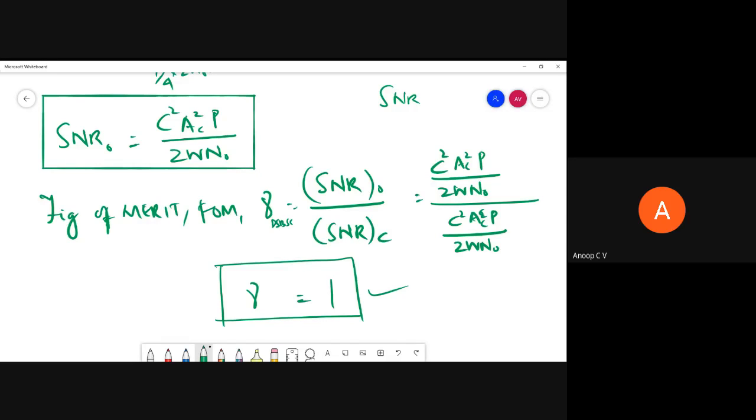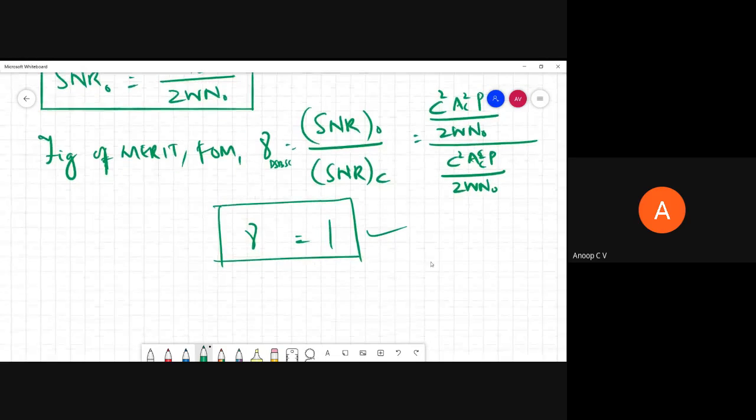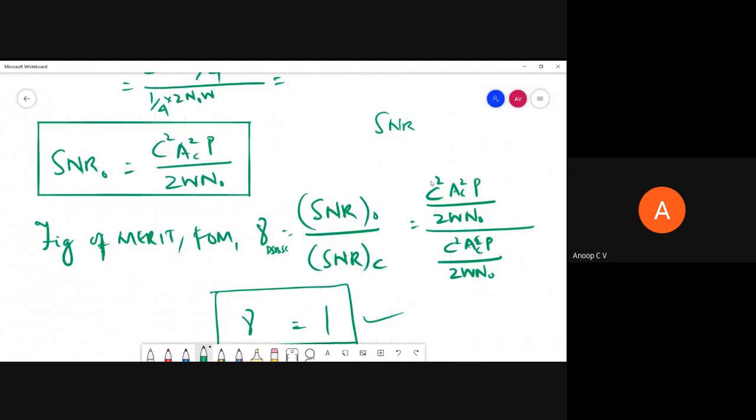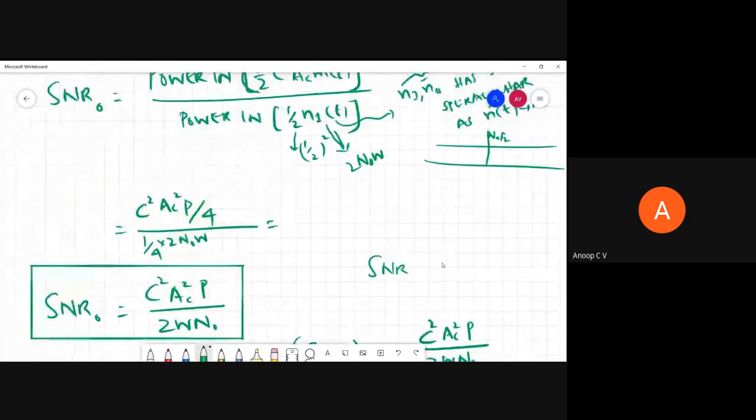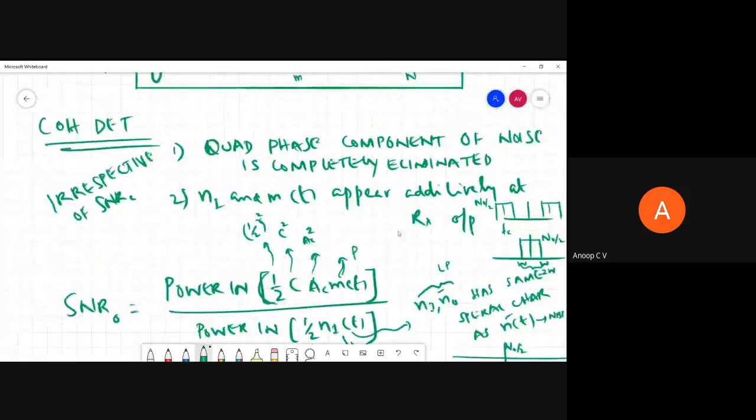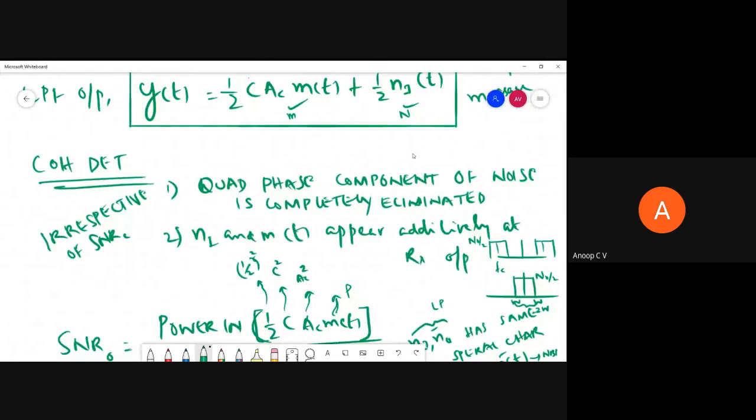Next, we'll try and find out the figure of merit of standard AM, right? But for standard AM, we are not using this coherent detector. We'll be using an envelope detector, a normal envelope detector.